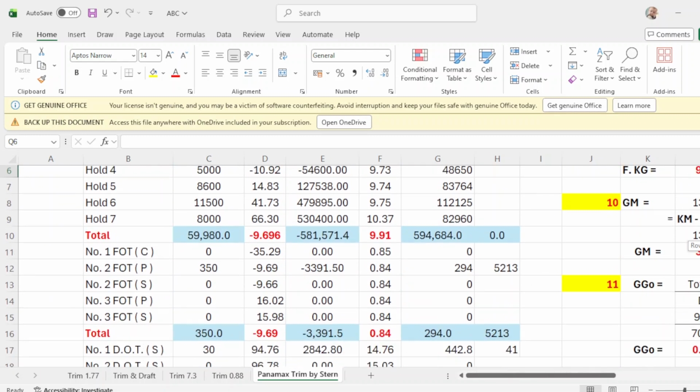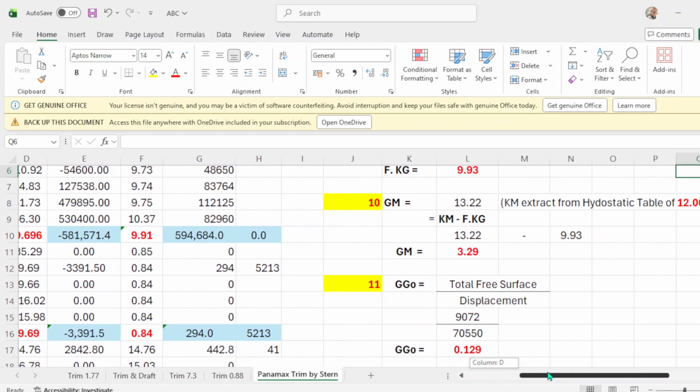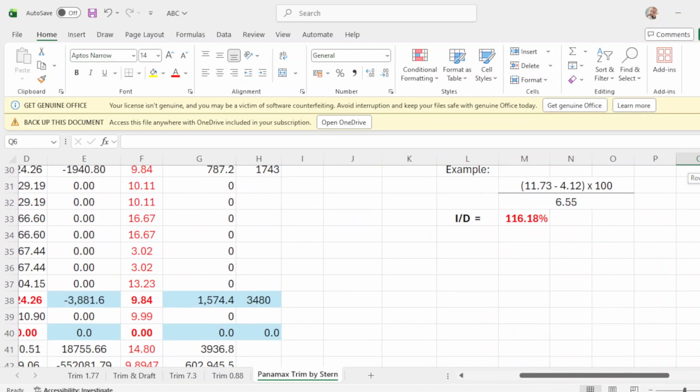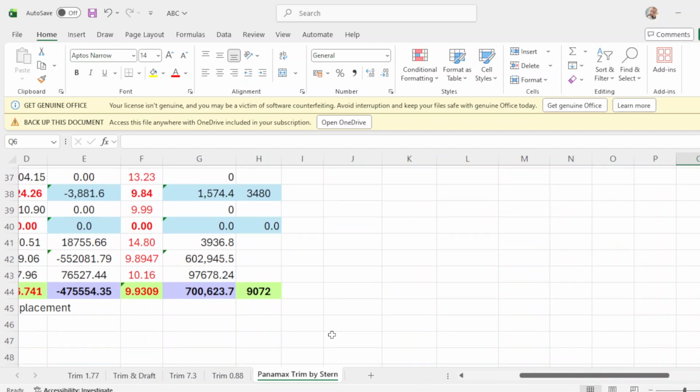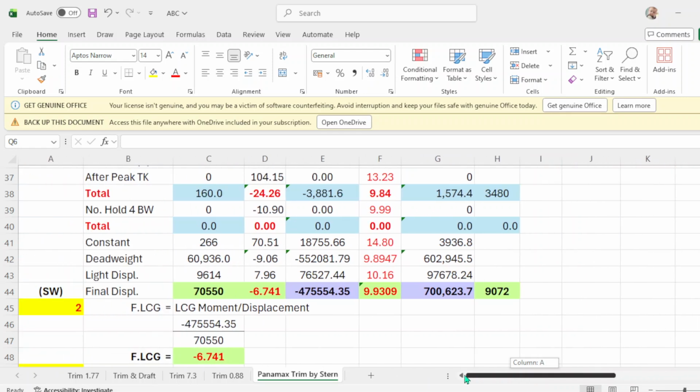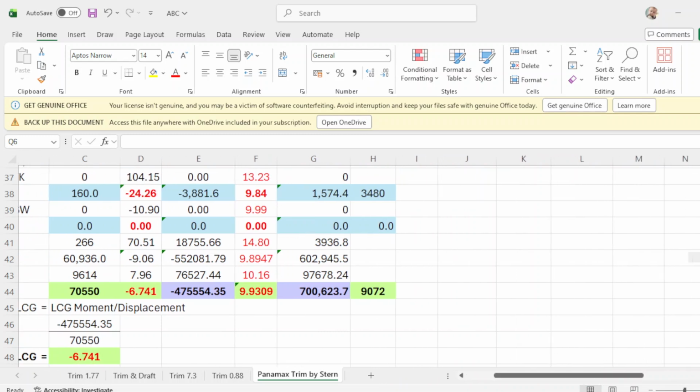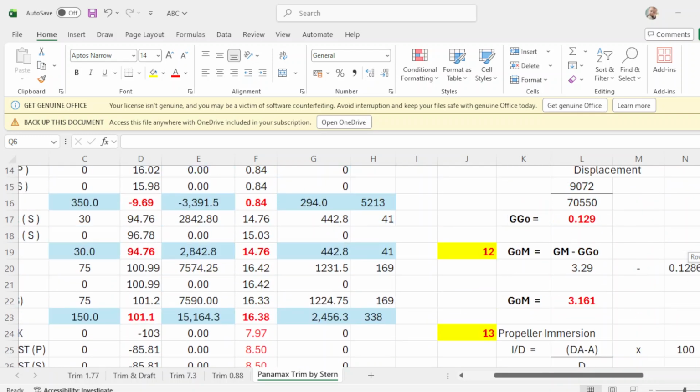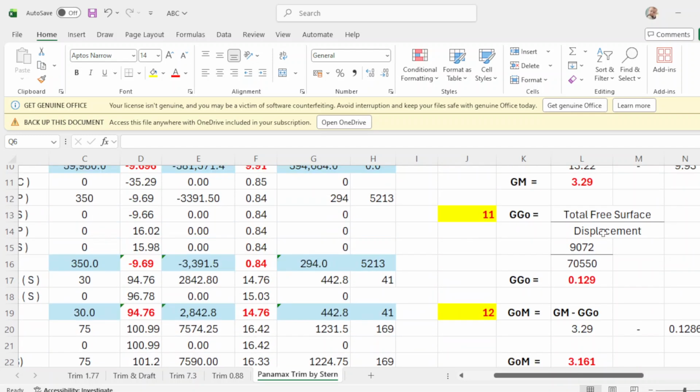Then that will be in number 11. Your total free surface is 9072, which is this one, over your displacement of 70550.